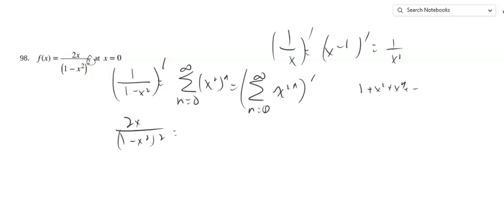Okay, and what's the derivative of this? Well, you're going to lose a term. If this is f, f prime will be 0 plus 2x plus 4x cubed, and the list goes on. So that's going to be the series n equal 1 to infinity. Bring the power down, subtract 1 from the power.